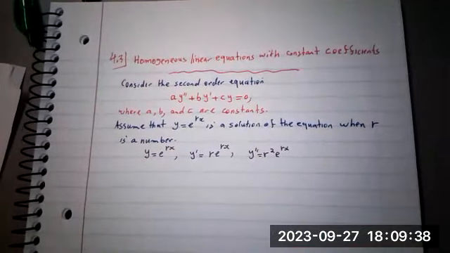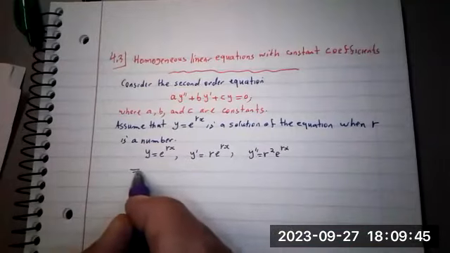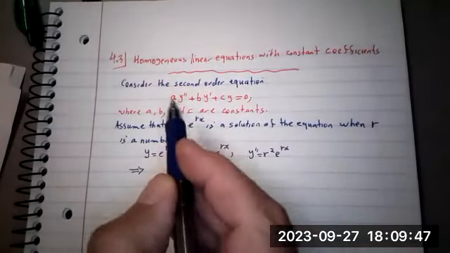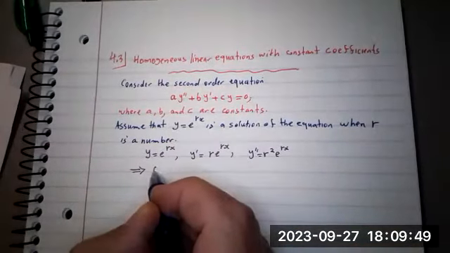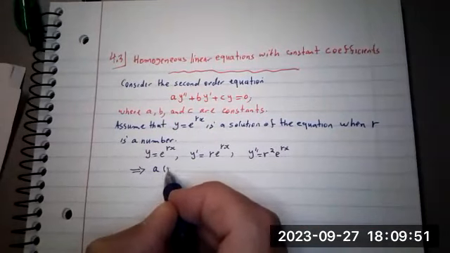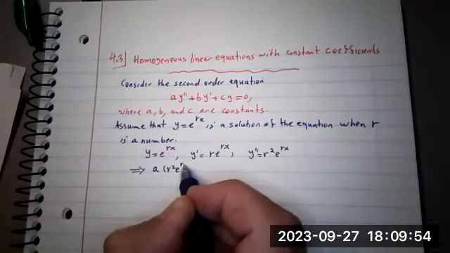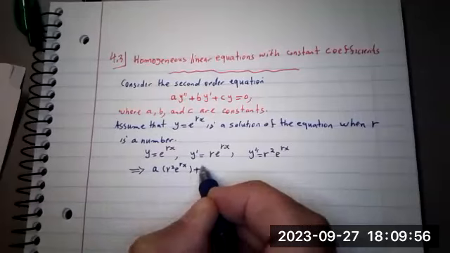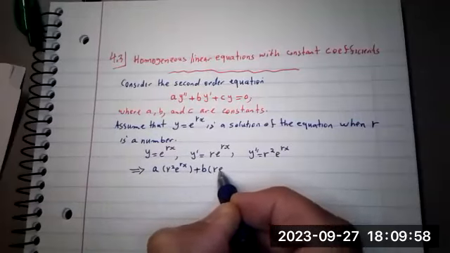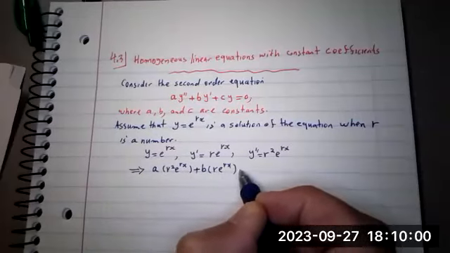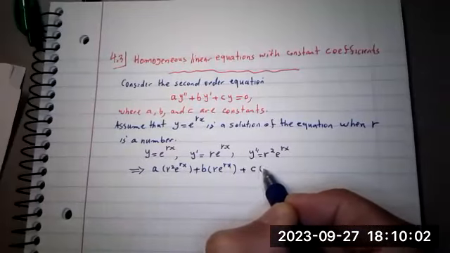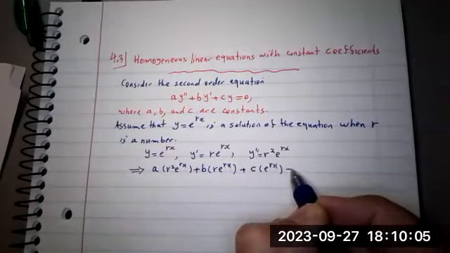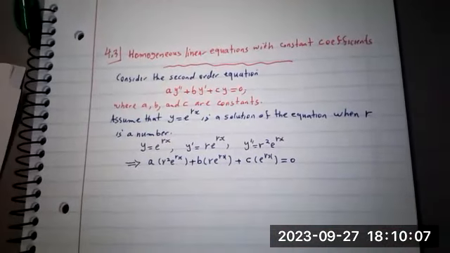Since you claim that this is a solution, it must satisfy the equation, so substitute into the equation: a r squared e to the rx plus b r e to the rx plus c e to the rx equal to 0.